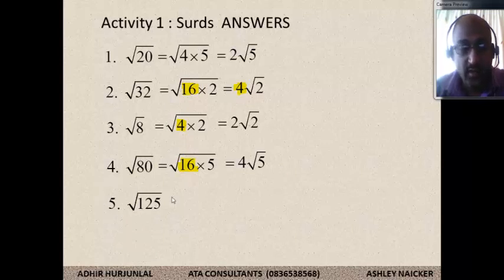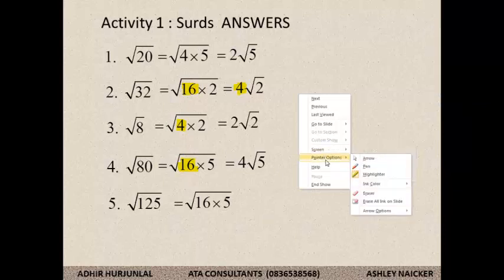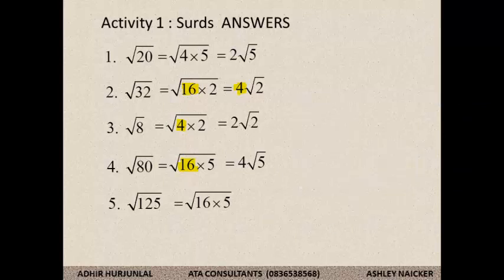125, the square root of 125, you should be getting, this is totally wrong, guys. It's not 16 times 5. The square root of 125. Let's rework this one out. There seems to be a slight hassle with this one. This here we are saying is incorrect.